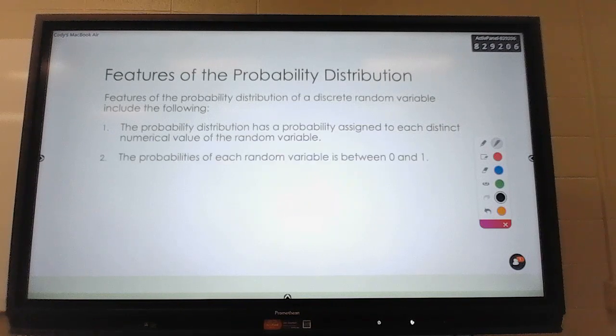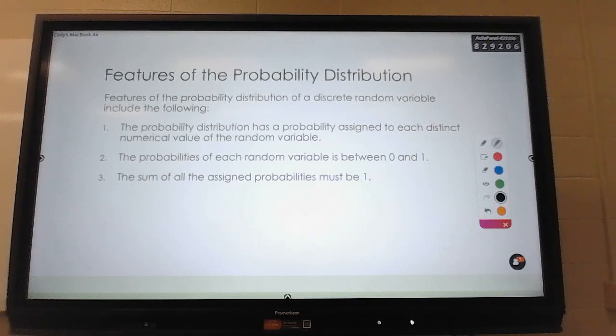And what do we know about probabilities? The probabilities of each random variable have to be between 0 and 1, in decimal form, of course. You can convert it to percent form, but another way to say it is those probabilities are between 0 and 1. And the sum of all probabilities assigned to that variable must be equal to 1.